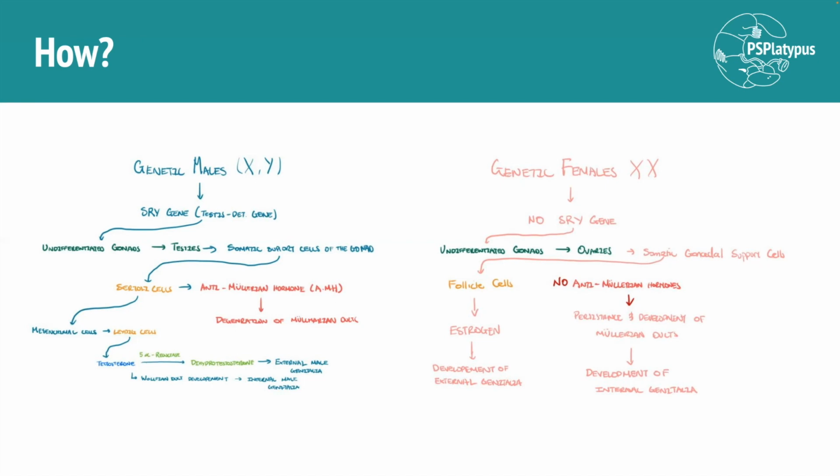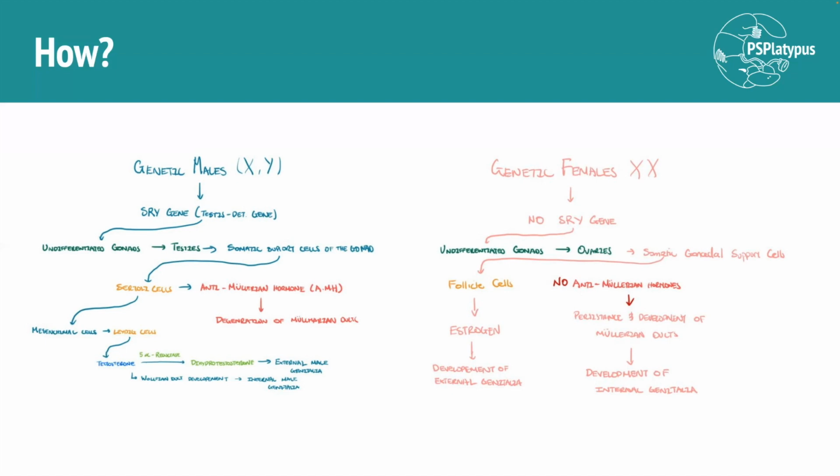These Leydig cells act to produce testosterone, a key hormone in the development of the external and internal male genitalia. However, in terms of our external male genitalia, it also requires to be converted into dihydrotestosterone via our 5-alpha reductase enzyme.